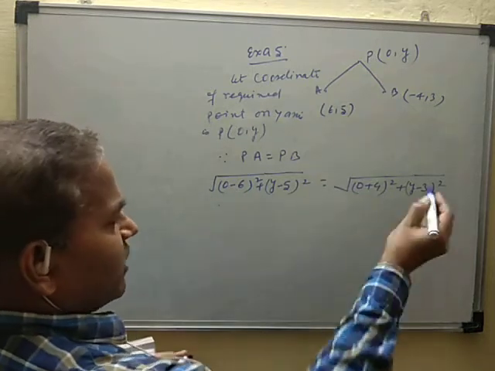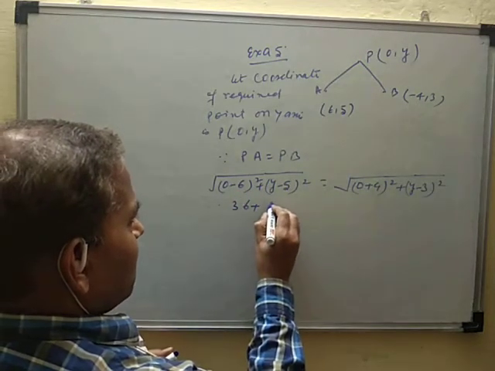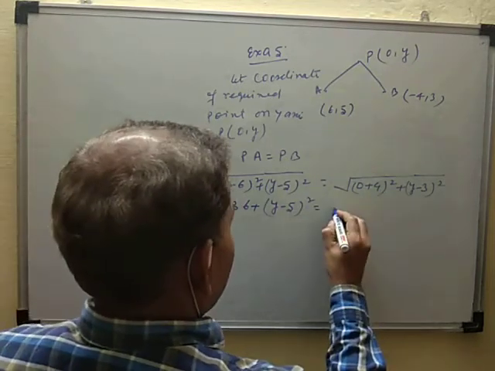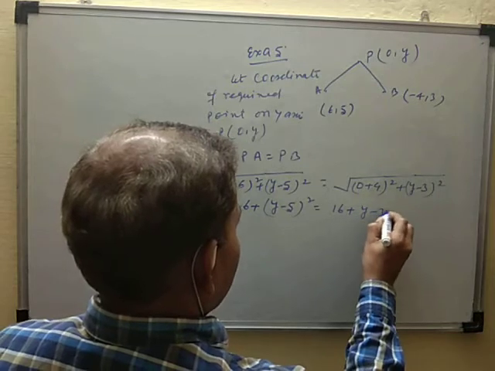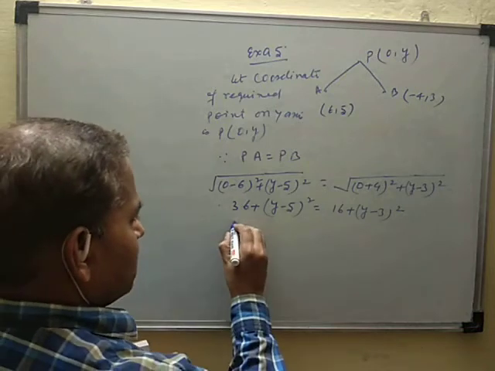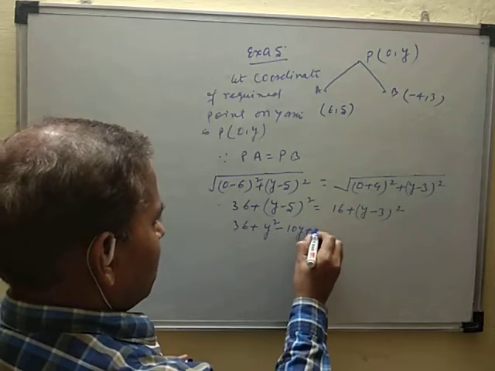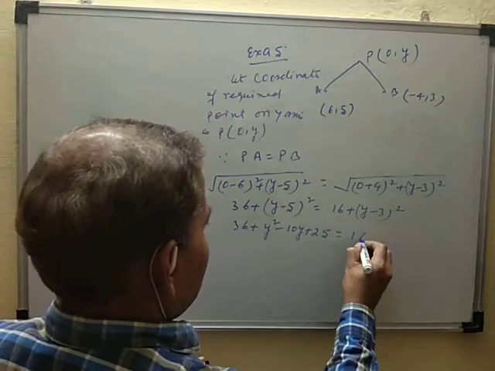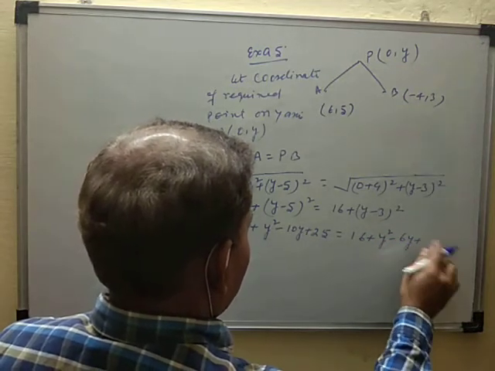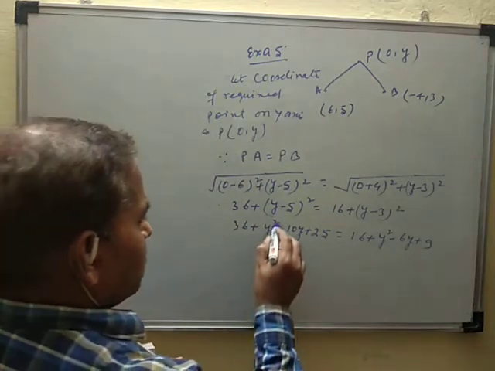First square both sides, the square root cancels. This is (minus 6) square, that is 36, plus (y minus 5) whole square, equals 4 square, 16, plus (y minus 3) whole square. Now expand. So 36, this becomes y square minus 10y plus 25, equals 16, y square minus 6y plus 3 square, that is 9. So y square cancels.